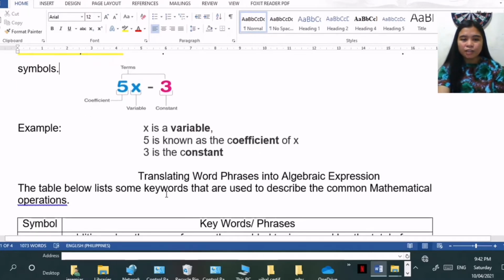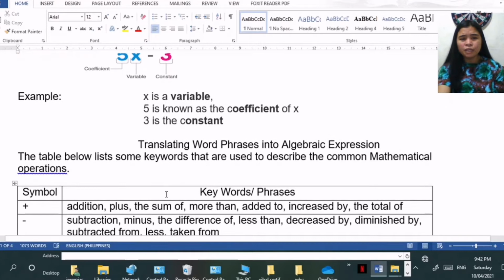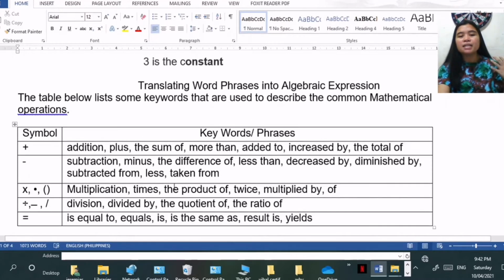Now, we have here the table. It says, translate word phrases into algebraic expression. The table below lists some keywords that are used to describe the common mathematical operations. When you read these words, it should immediately come to mind which operation is being mentioned or implied.